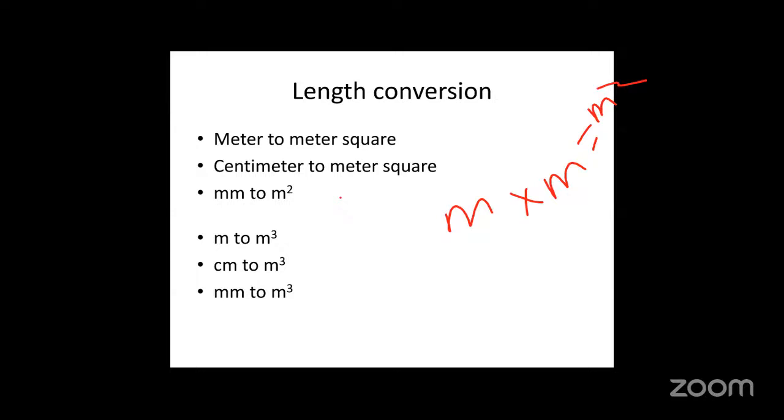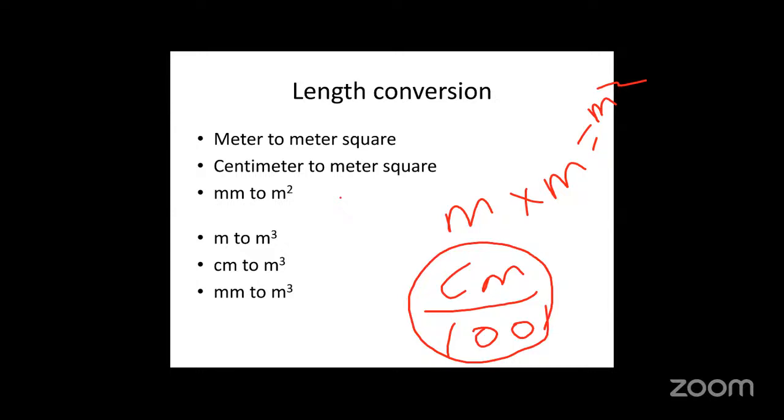Centimeter to meter square, you have to first convert centimeter to meter. Remember, if you are converting centimeter to meter, you divide by 100. So when you have converted centimeter to meter by dividing by 100, then you multiply by meter to get your meter square.